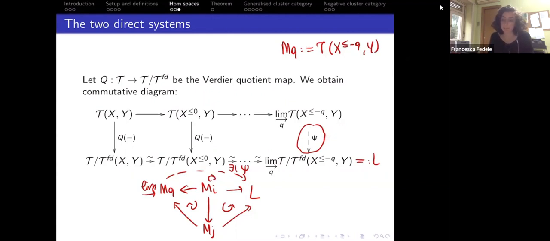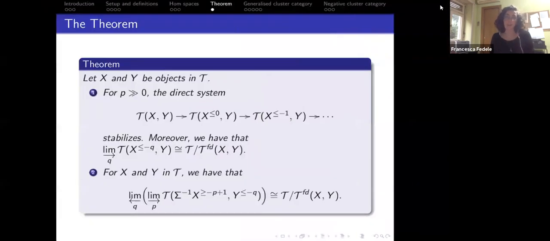And then that's a different proof, of course, but we can use some properties of Verdier quotients to prove that this is actually a bijection. So we actually get an isomorphism between these two. And that's basically the main result in the paper I was mentioning before.